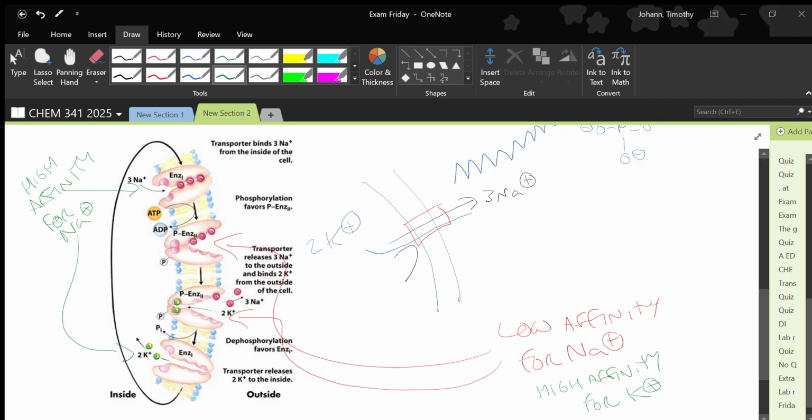So potassium binds when you're open to the outside because that's when you have a high affinity for potassium. And then you flip back to the other conformation. The ATP is powering it opening and closing. So that's why it's primary active transport. And when it opens to the inside, we have a low affinity for potassium and it releases potassium on the inside.